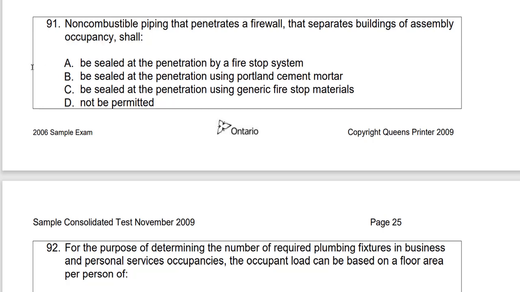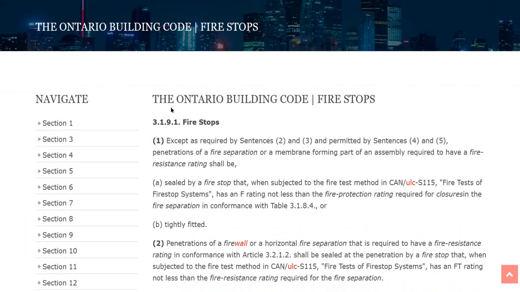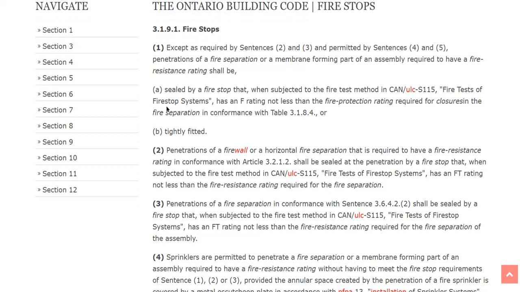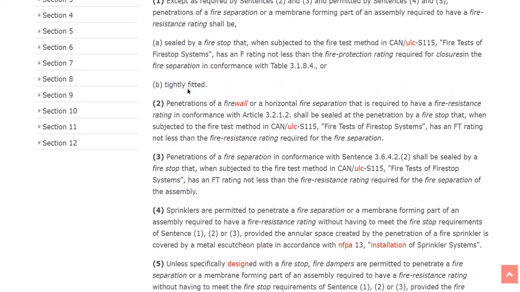The answer to that question is located in fire stopping, 3.1.9.1. Let's see which article says that. Here: penetration of a firewall or a horizontal fire separation that requires a fire resistance rating shall be sealed at the penetration by a fire stop.